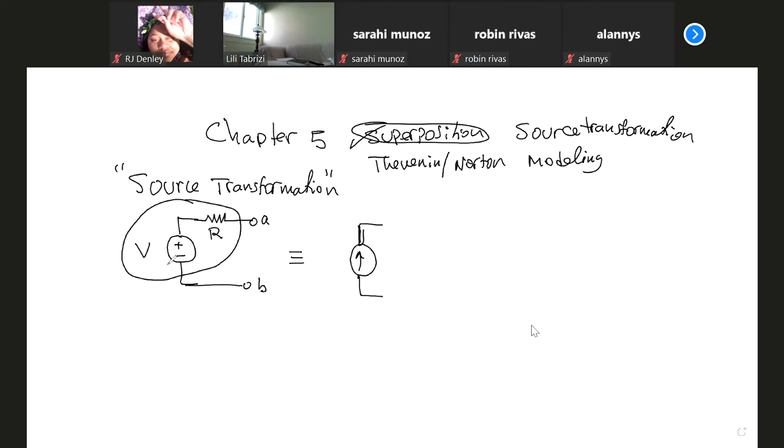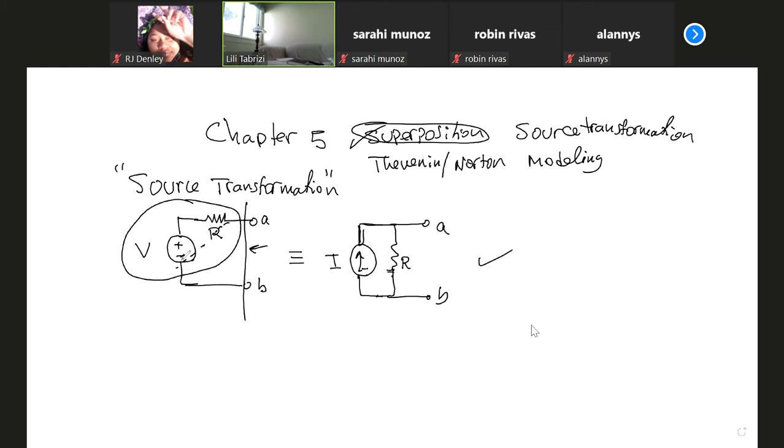So you can always convert a voltage source to a current source. Let's call it I. However, once you convert it to the current source, you have to place R in parallel. So if you're looking to the left of terminal AB, this combination is the same as this combination. If you have a current source in parallel, we can always convert it to a voltage source in series.